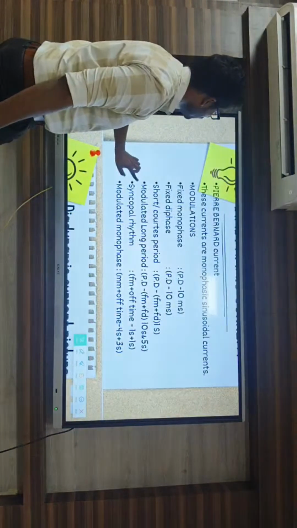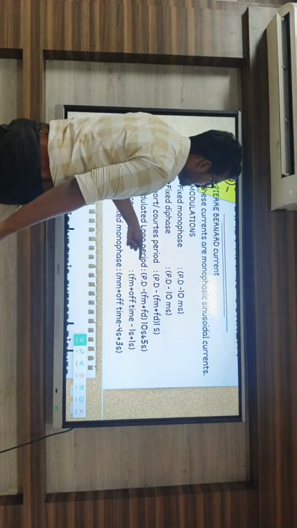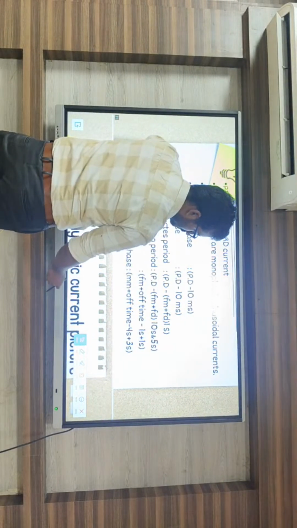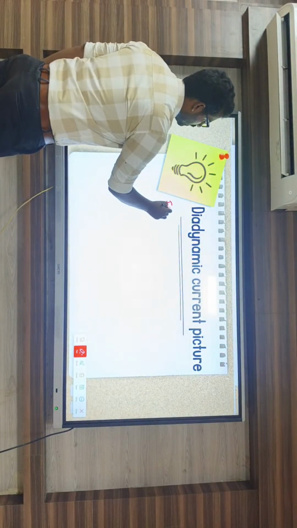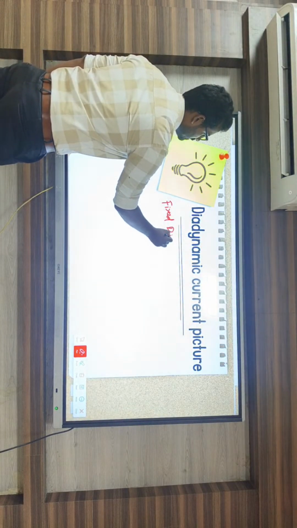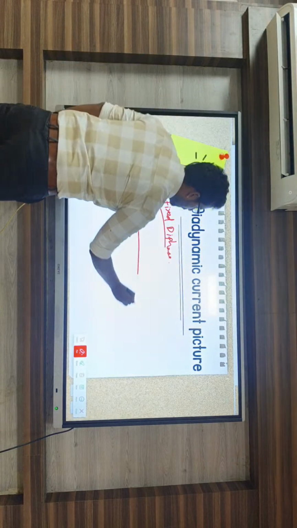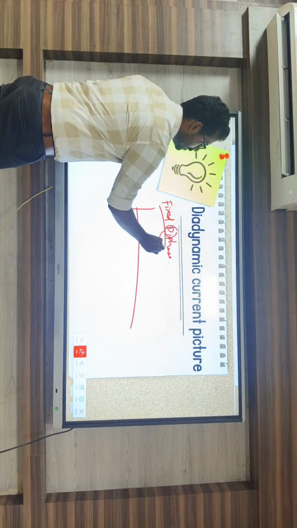So what is the next one? That is the fixed diphase. The fixed diphase's pulse duration is also 10 milliseconds. Coming to the fixed diphase, the name resembles this is the di. Di means two phases, right?